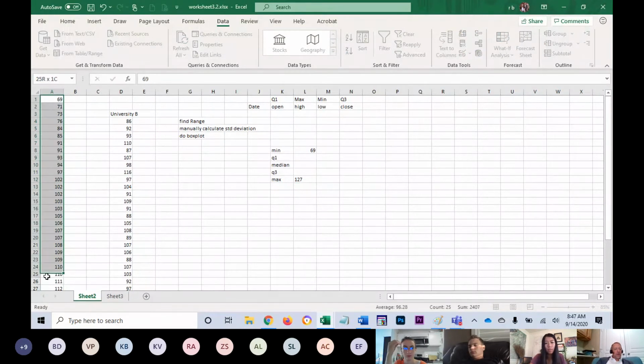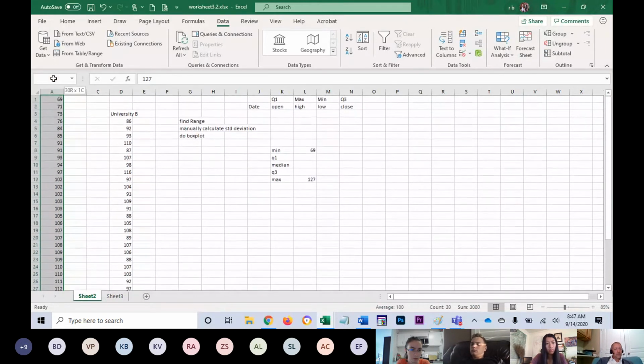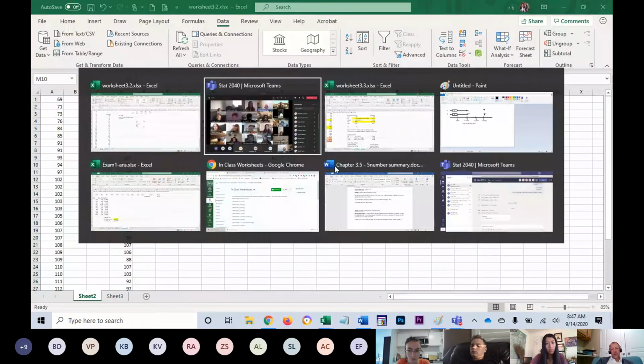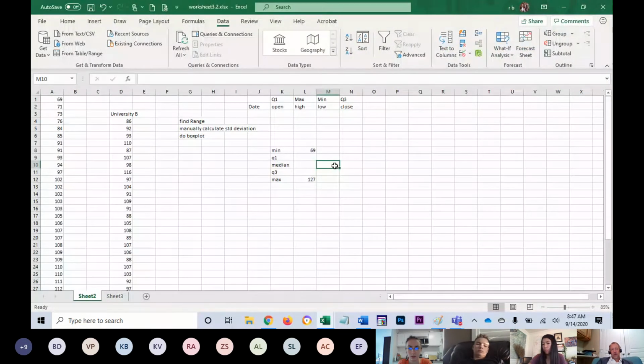And in our data set, we've got, oops, what happened here? We've got 30, okay? So what value, Kylie, would be the median? What value would I use if my n is 30?